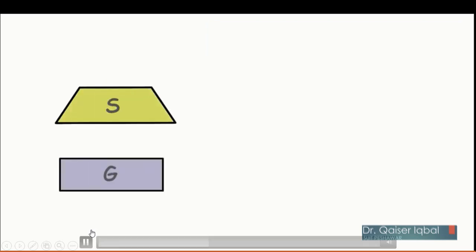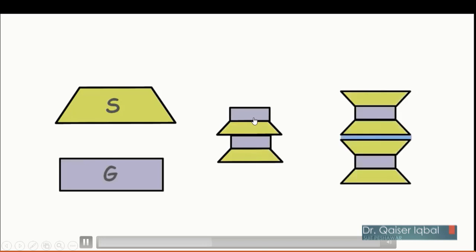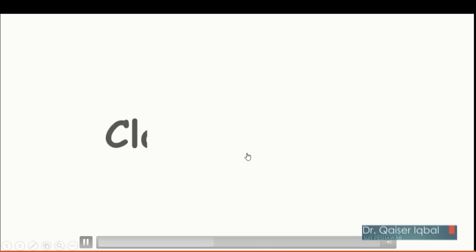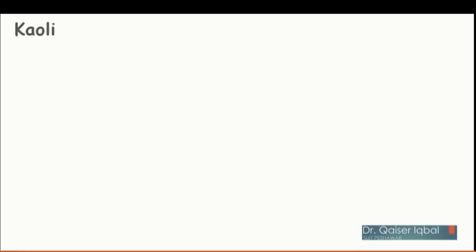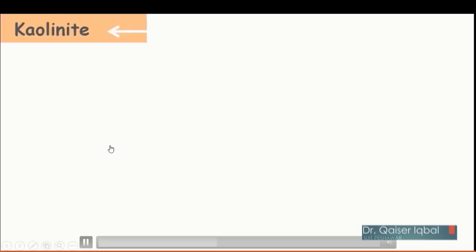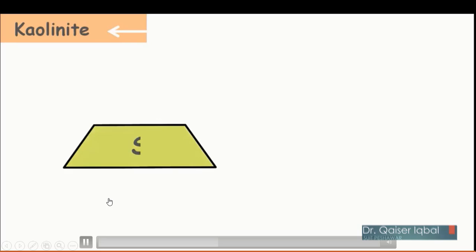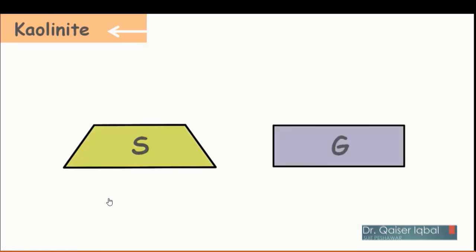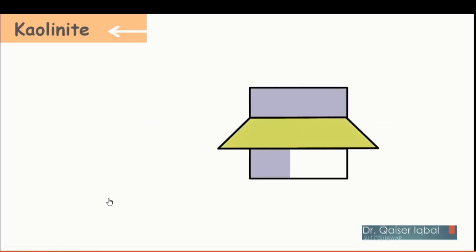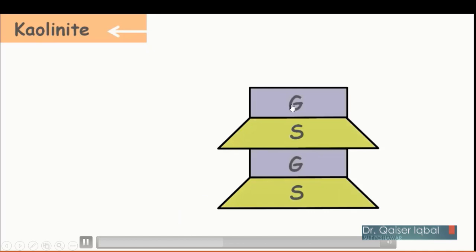So now what happens is that the silica sheet combined with gibbsite sheet give you one element, and several minerals combined together will give you the type of soil, okay. So first discussing the kaolinite, how the kaolinite molecule looks like. So in kaolinite you've got gibbsite sheet and silica sheet forming the unit like this.